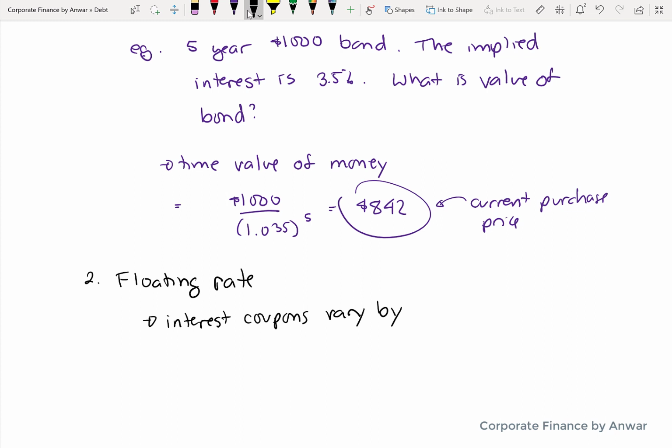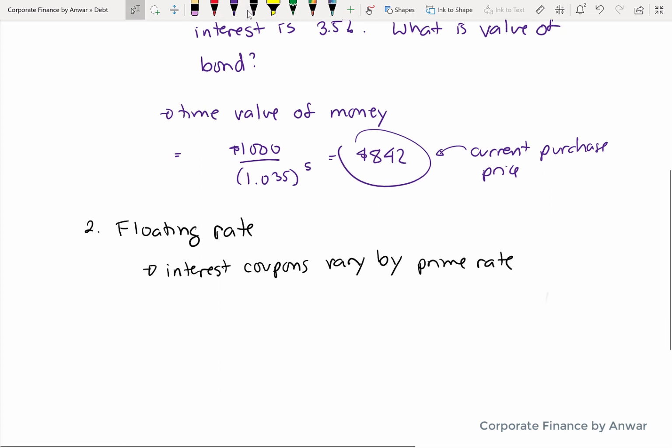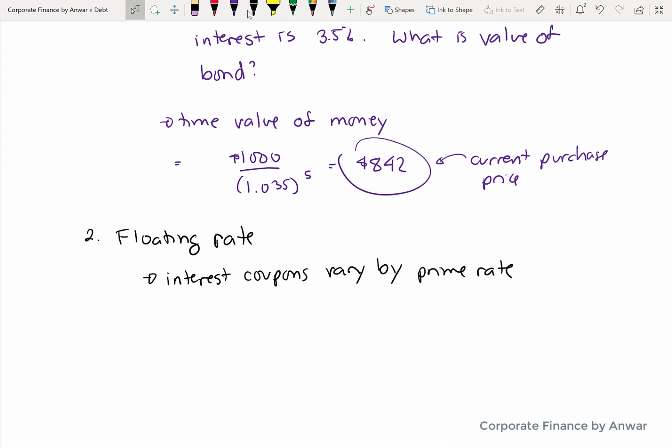So if the Bank of Canada changes their rate, the interest that you're going to be paying on the bond is going to change as well. So it's not going to be a steady, equal annuity of payments. It's going to be a different amount every 6 months if it's a semi-annual bond.